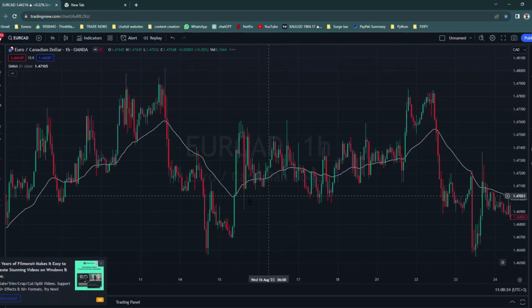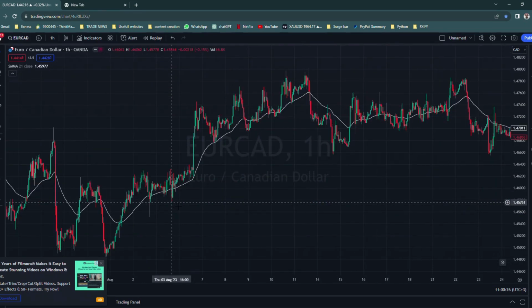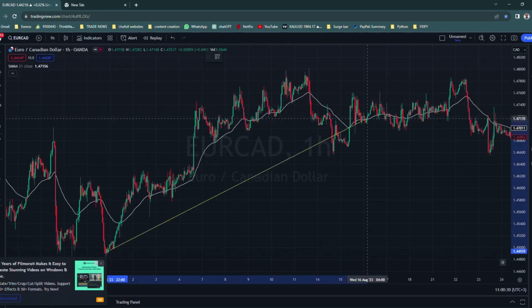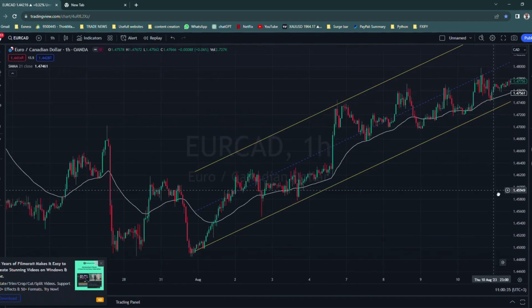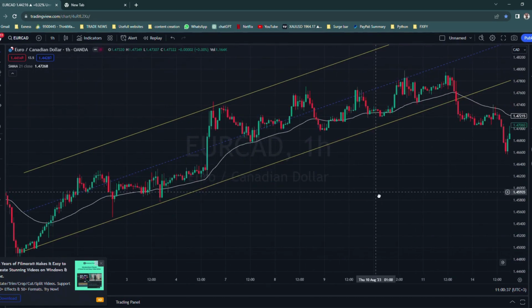Now let's look at a different example. Let's try to look for a trend. Okay, this is another trend to the upward side, and let's see where are our confirmations.